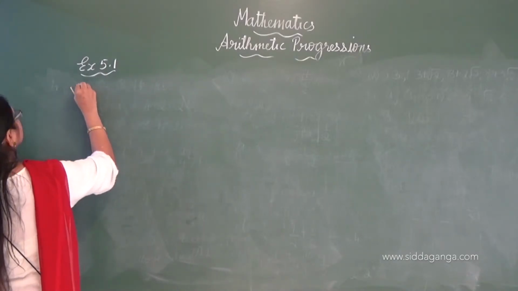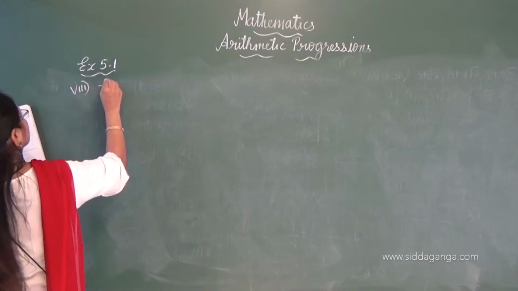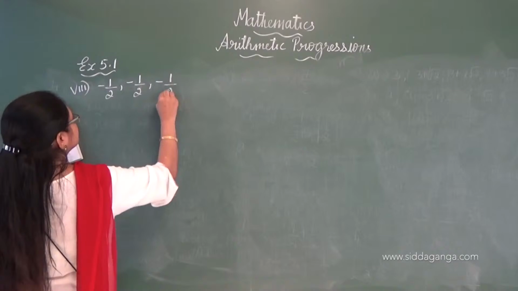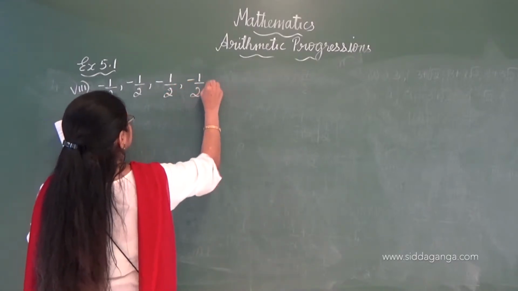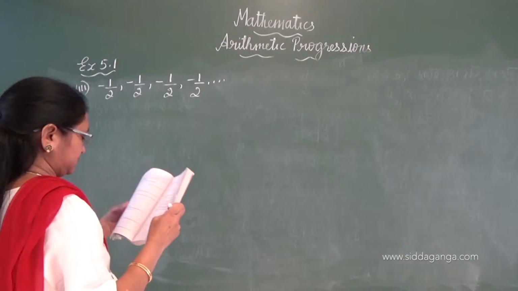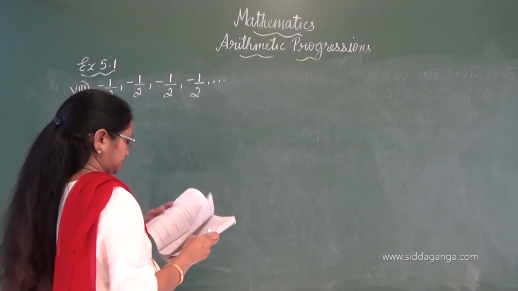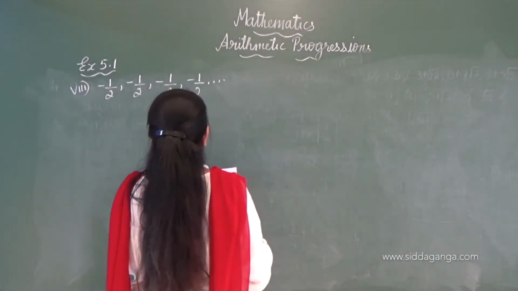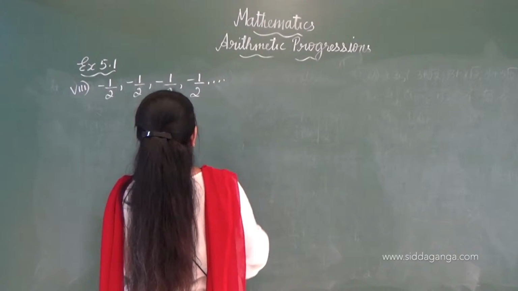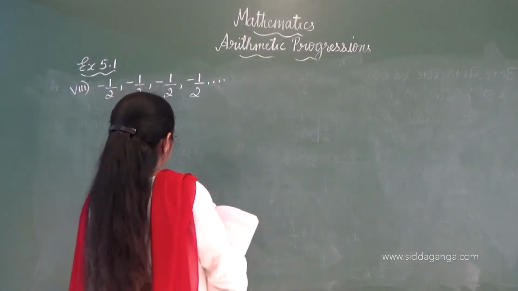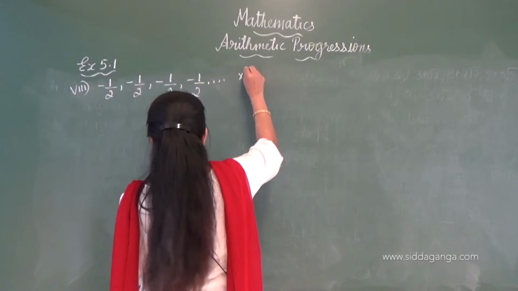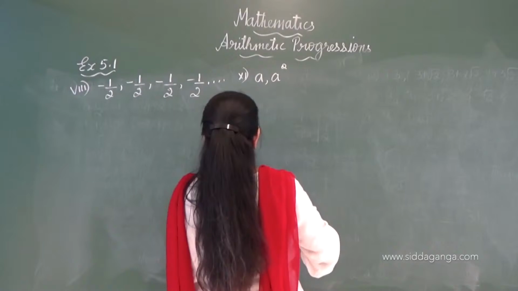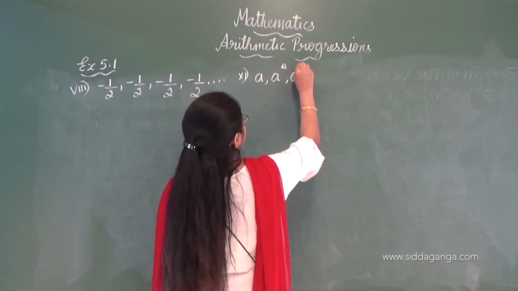8th one: minus half, minus half, minus half, minus half. Eleventh one I do: a square, a cube.